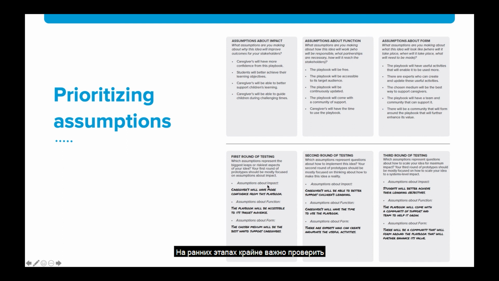In this instance, we are saying that what is critical to test in the early stages is an assumption around impact, that caregivers will have more confidence from this playbook, and about function, that the playbook will be accessible to its target audience, and about form, that the chosen medium will be the best way forward to support caregivers. So we believe this is really important to test early, and then we move into the second round of testing with different assumptions.